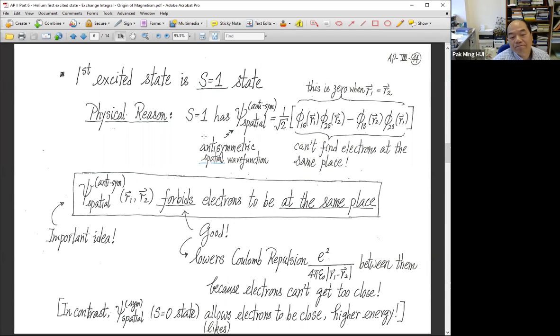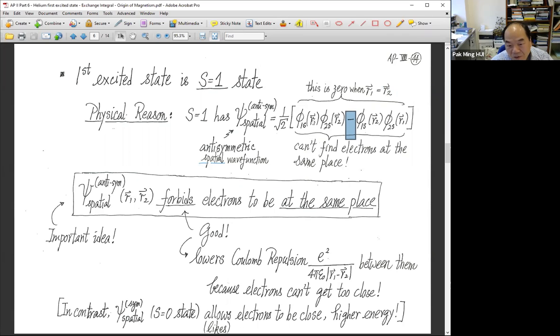There is one. If you look at the antisymmetric space part, with the minus sign in between, you realize one special effect. This wave function, if the two particles are at the same place, now they are not in the same state, they just happen to be at the same place, the wave function will be zero because of the minus sign.